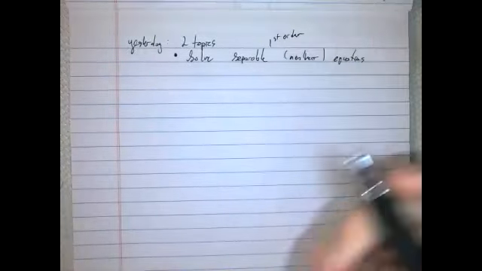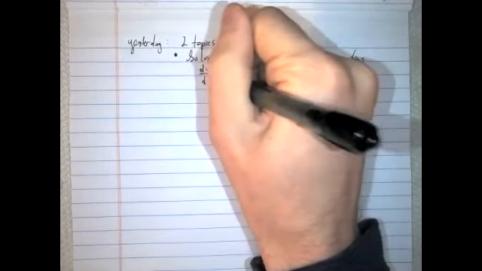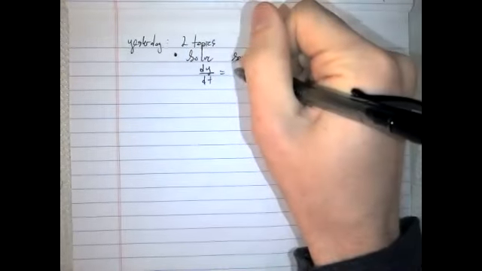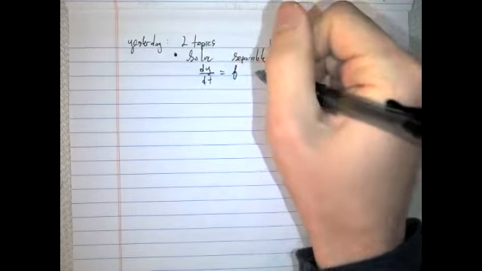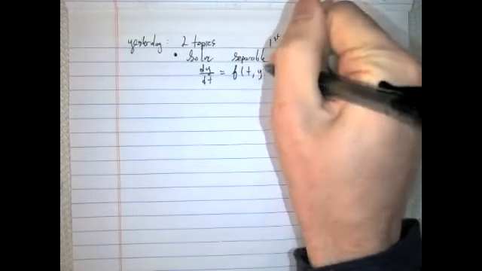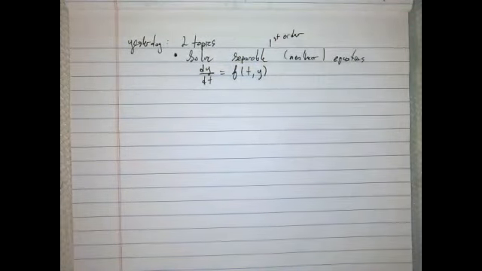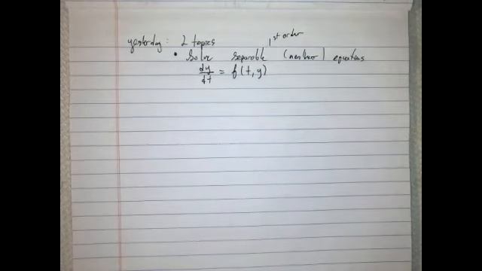So a general separable first order nonlinear differential equation will look something like dy/dt equal to some function f of t and y. Can someone tell me what the definition of a separable first order differential equation is?